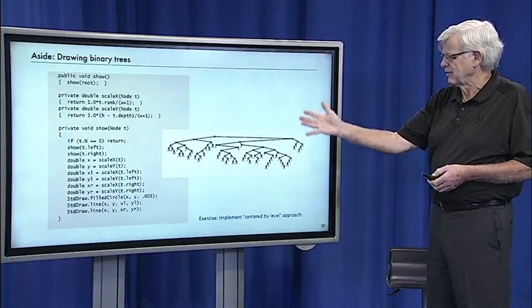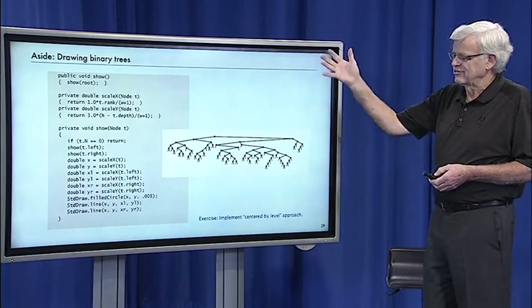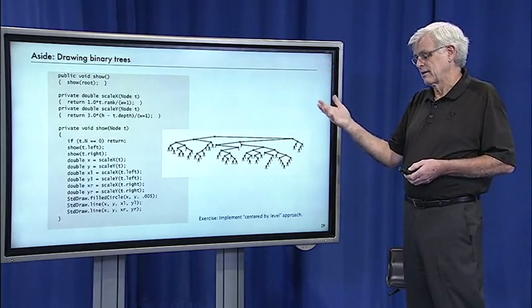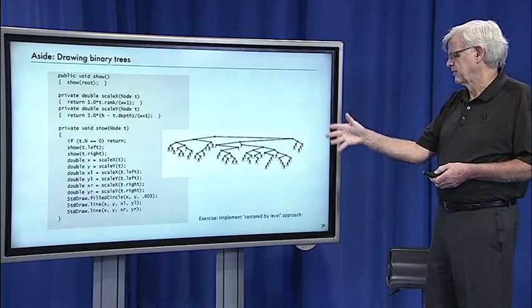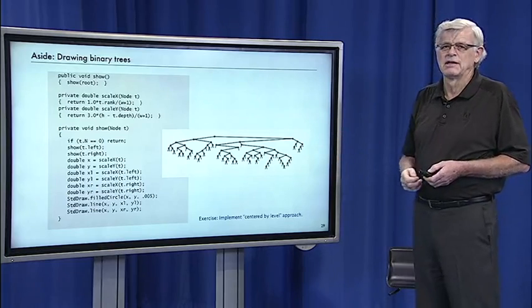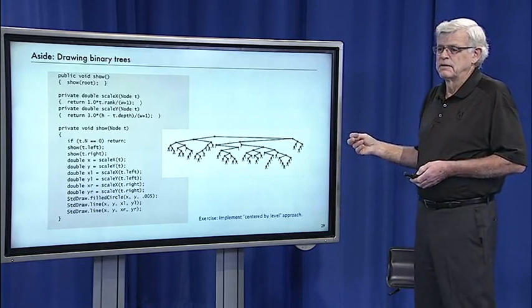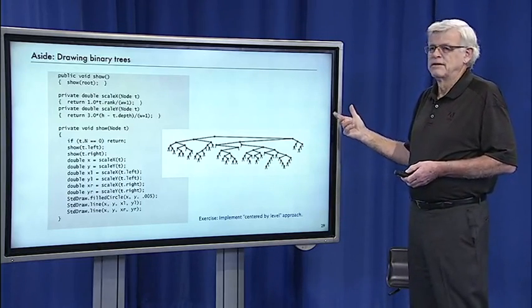And then again, full disclosure, and I'm not going to go through that, this is the code using our standard drawing model from the algorithms book site that scales and draws the binary tree as I talked about a few minutes ago.